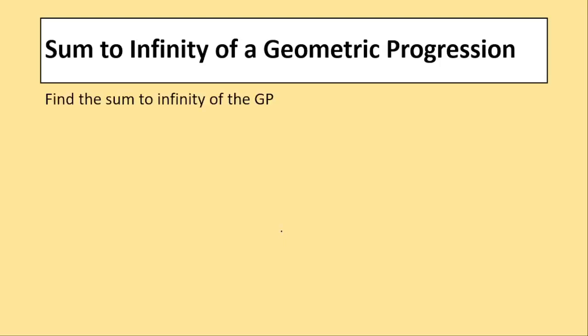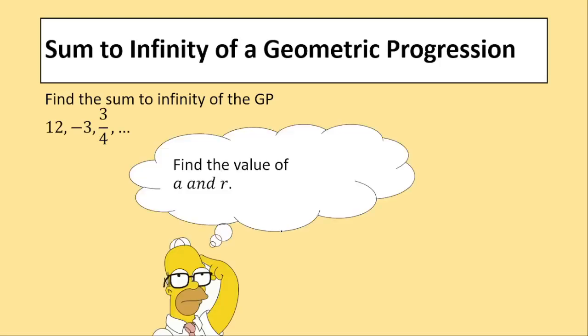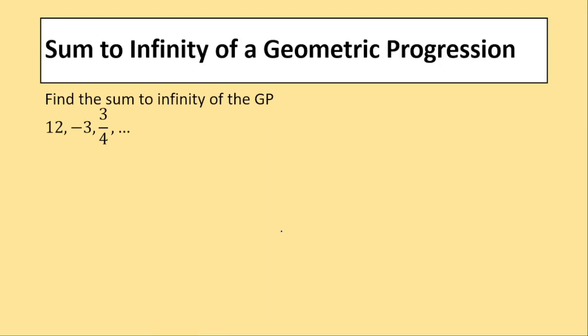Okay, let's find the sum to infinity of the GP 12, negative 3, 3 over 4, whatever is beyond. So the first thing we need to do is find the first term and the common ratio. The first term is 12.